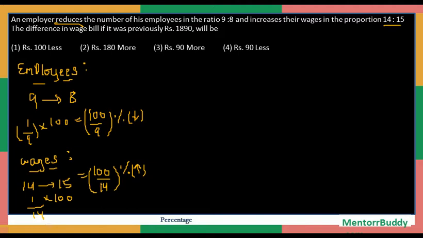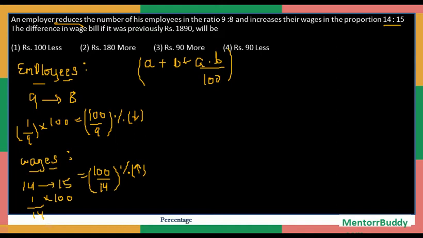So we can see we have to apply the successive addition here, that will be a plus b plus a into b upon 100, to figure out the overall increment or decrement in the entire transaction.